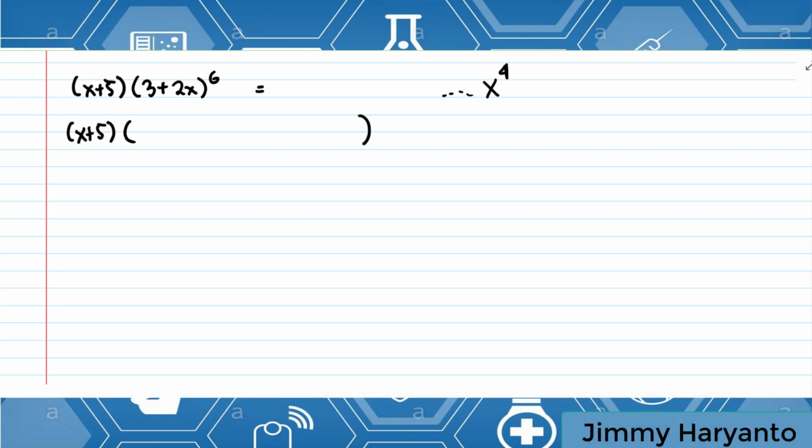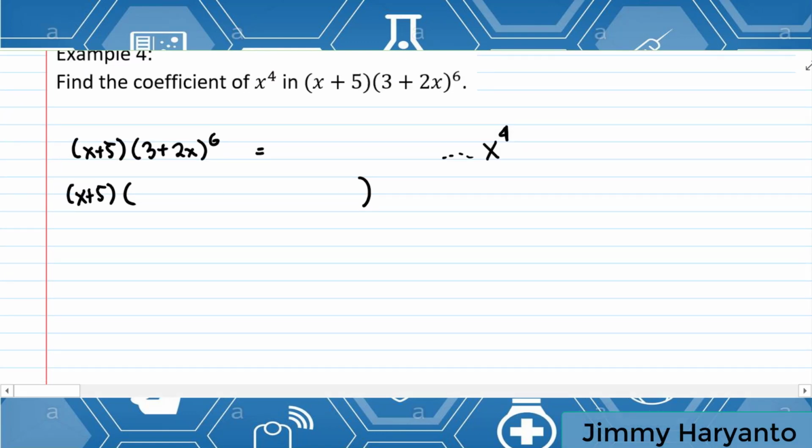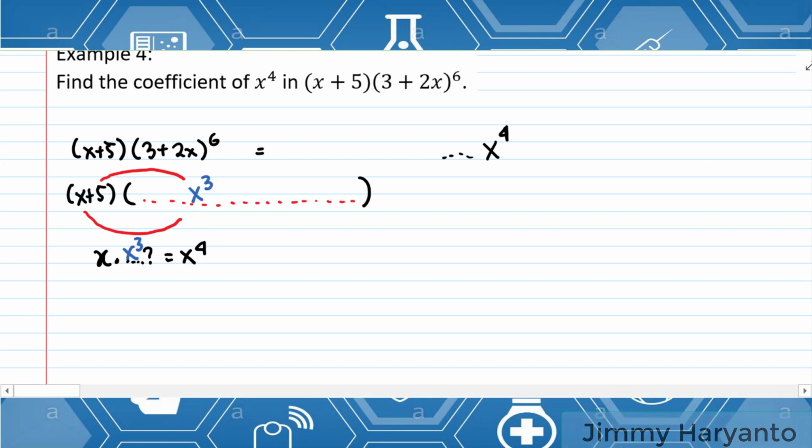So we just take the terms that we need. After we expand the 3 plus 2x to the power of 6, we have to times this with that, and then times this with that. So we will have x times what to become x^4? Yes, x cubed.